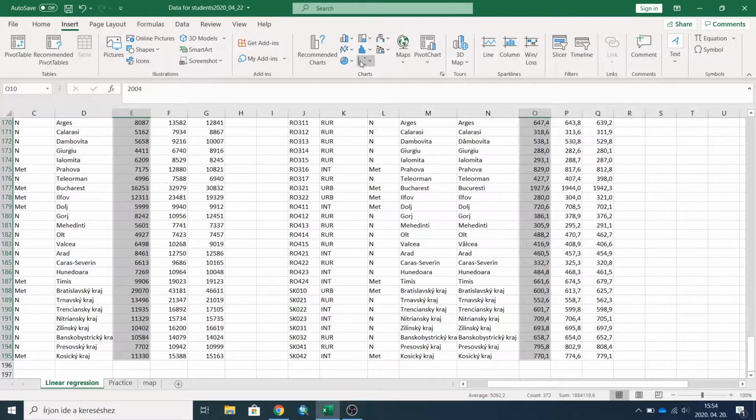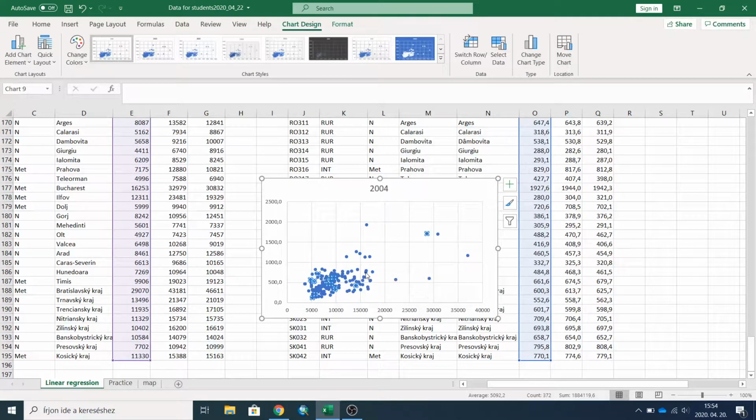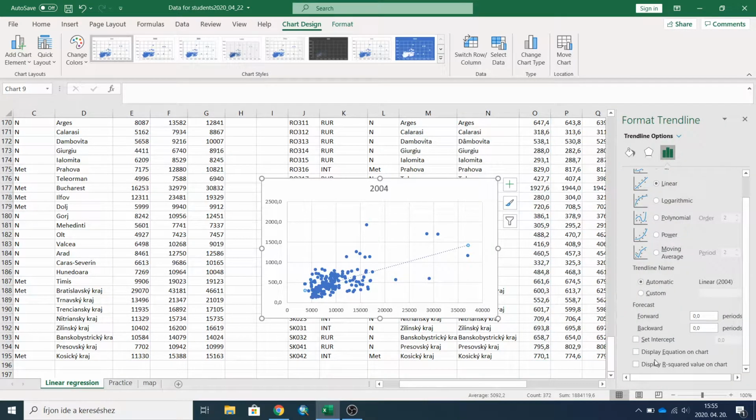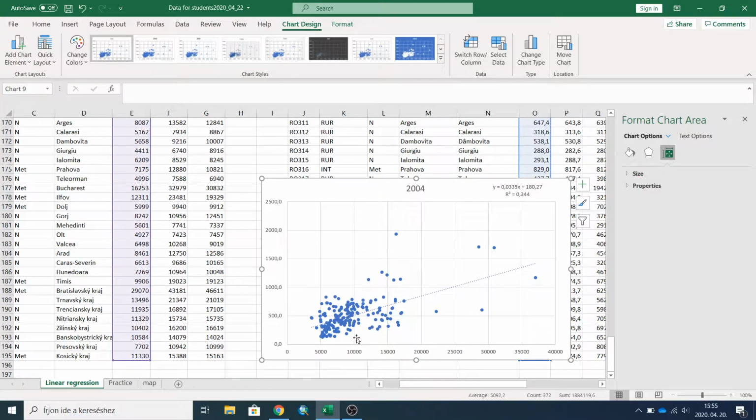The method is the same: we create a scatter dot chart, and after that right click, add trend line and display equation on chart and R-square. You can see the mathematical determination factor of population to GDP per capita.